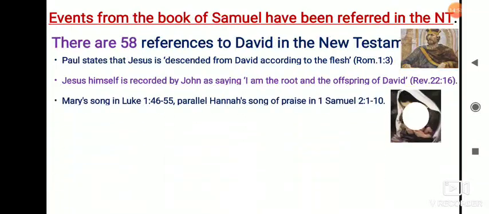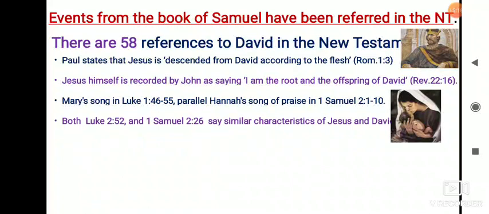Many interpreters have noted that Mary's song of praise to God in Luke 1:46 to 55 parallels Hannah's song of praise for the birth of Samuel found in 1 Samuel 2:1 to 10.